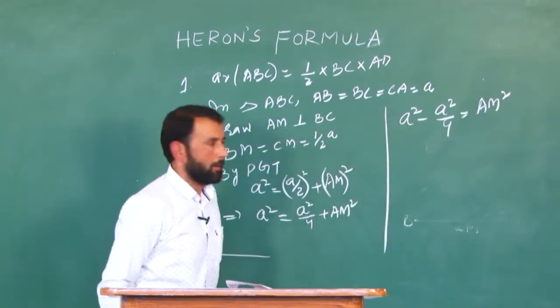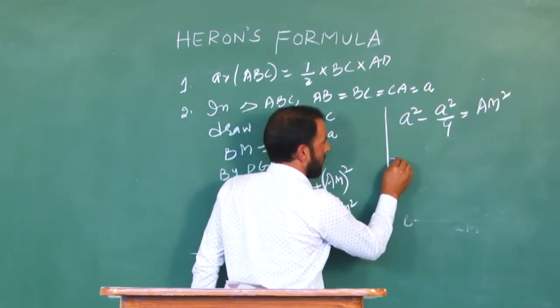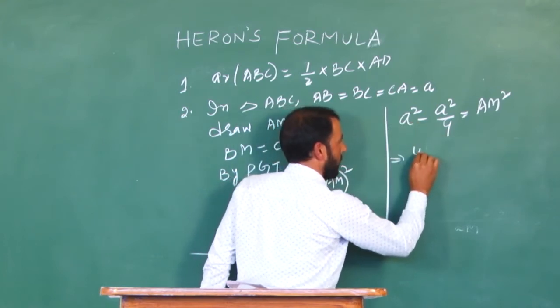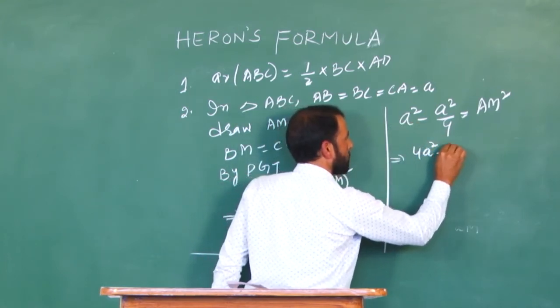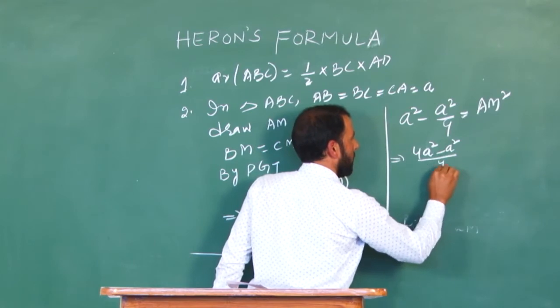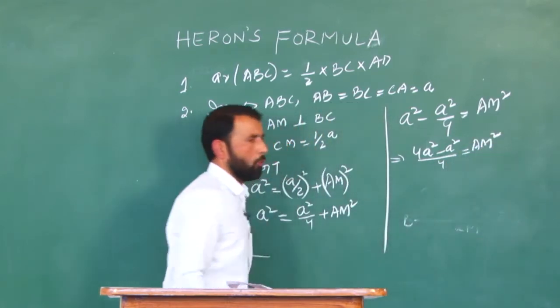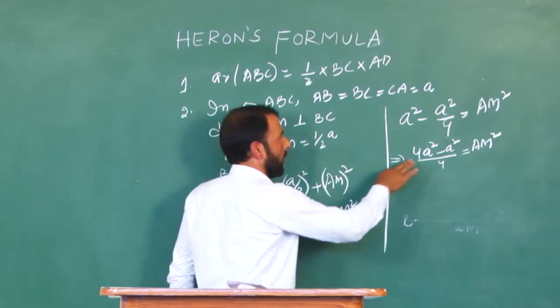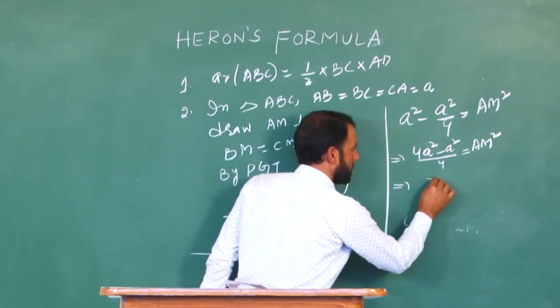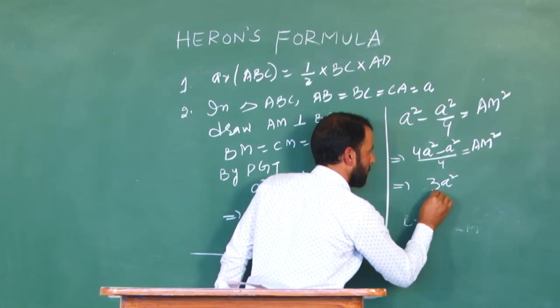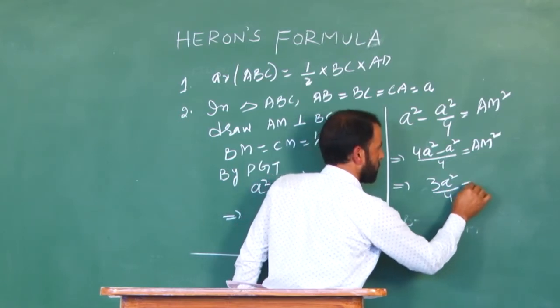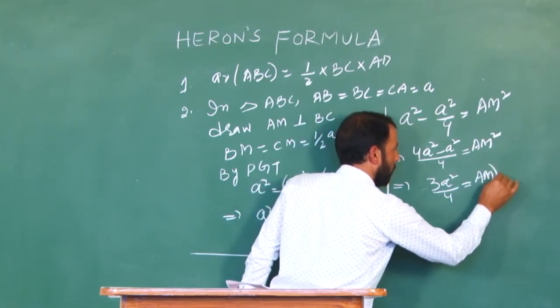That means, taking the common denominator, 4a square minus a square divided by 4 is equivalent to AM square. But 4a square minus a square is equal to 3a square, so 3a square divided by 4 equals the altitude AM whole square.